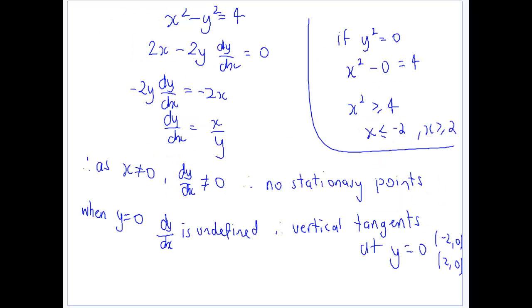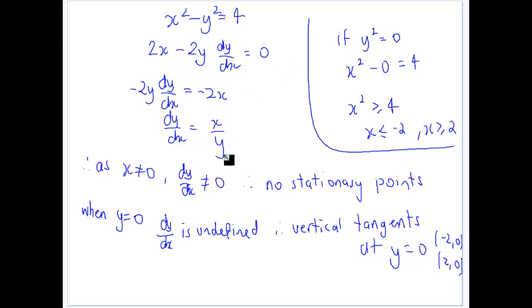So, other critical points. Let's have a look at what we're getting for our stationary points. There's our establishing our values for the domain. There's that mathematics there. So we look at our gradient function. Again, implicit differentiation gives us 2x minus 2y dy/dx.